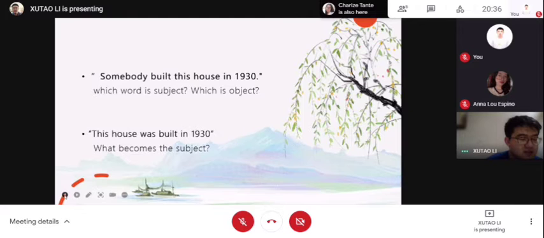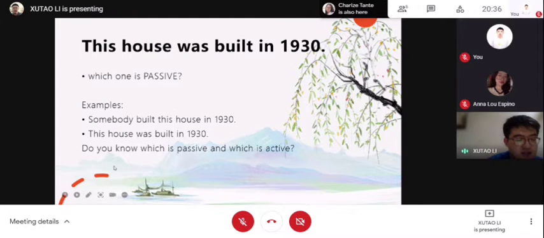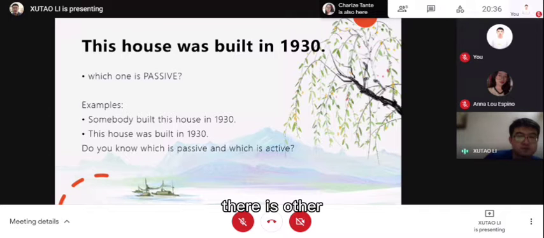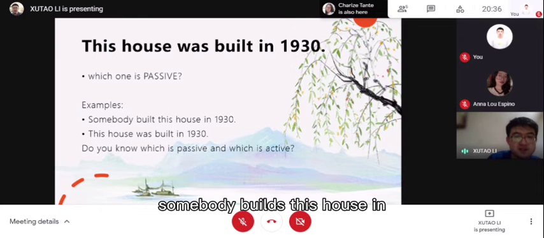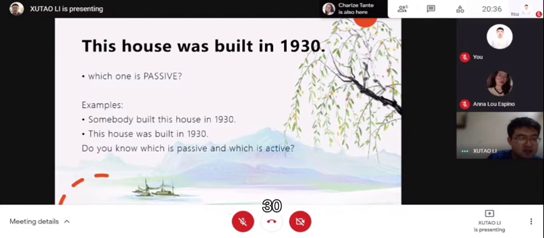Yes, sir. Okay, there are other examples. So look at this sentence. Somebody built this house in 1930.